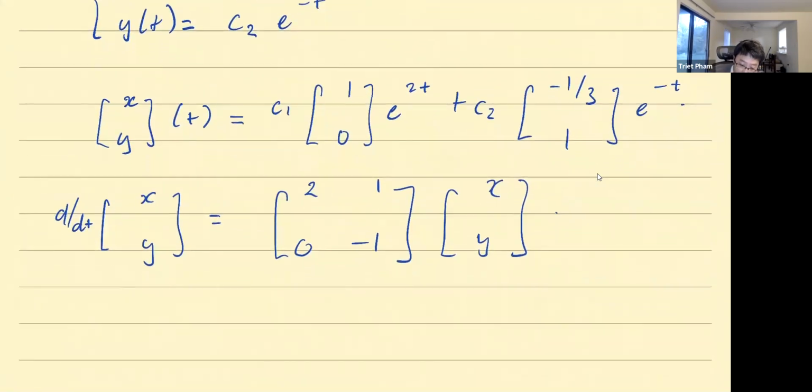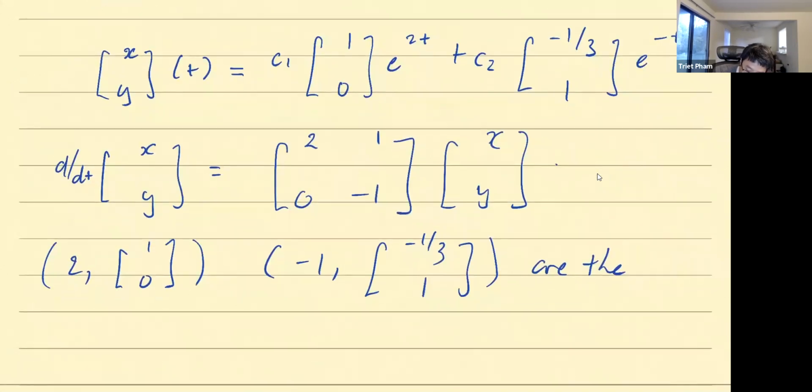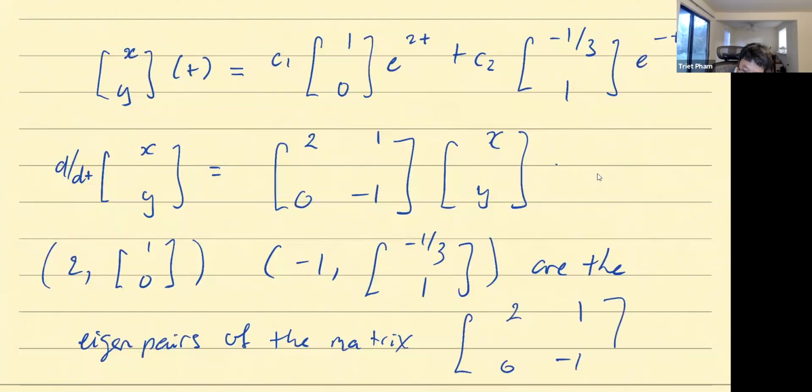We'll talk about this, but the relation between this and this has an intimate connection. (1, 0) with 2, and (-1/3, 1) with -1, are the eigenpairs of the matrix (2, 1; 0, -1).